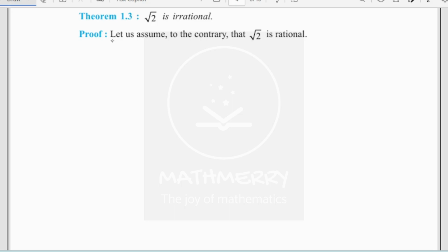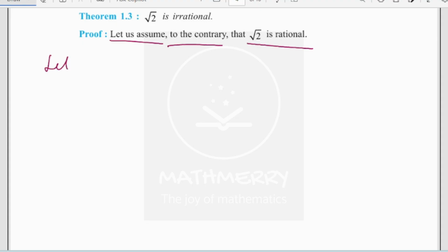Obviously the first step is to assume the contrary. So we are assuming that root 2 is rational. If root 2 is rational, we are assuming there are two integers.